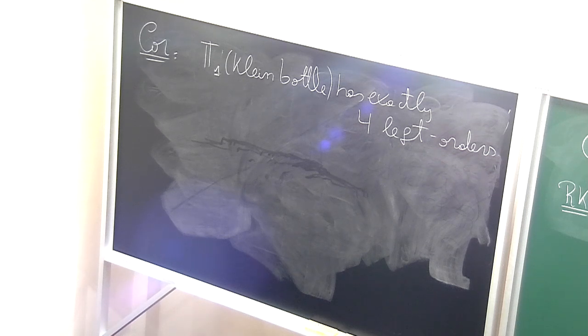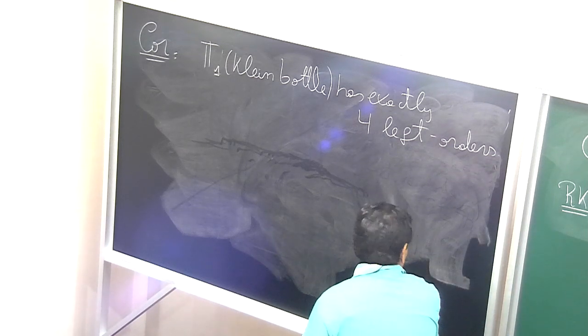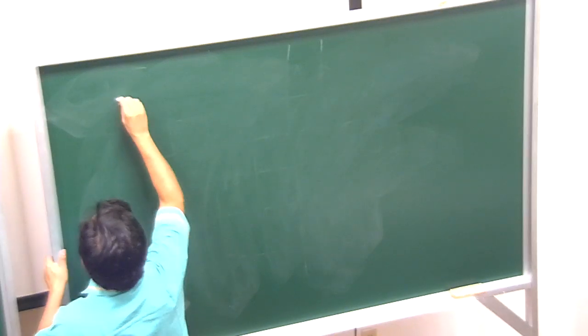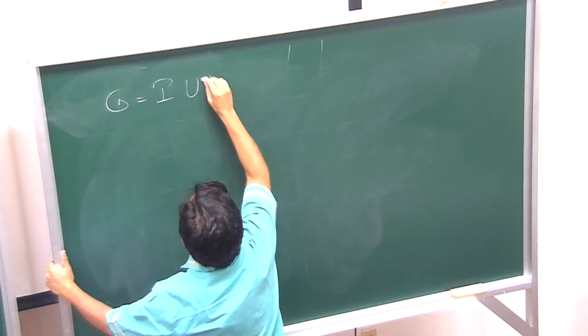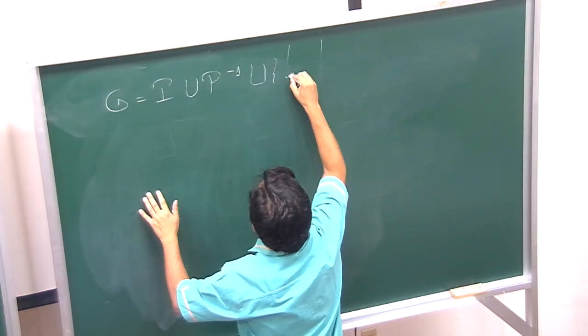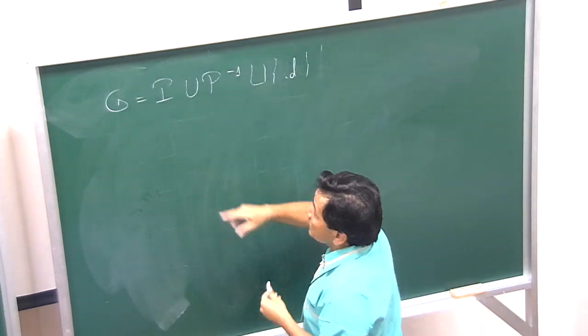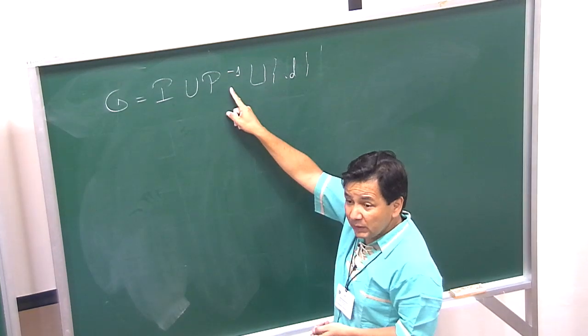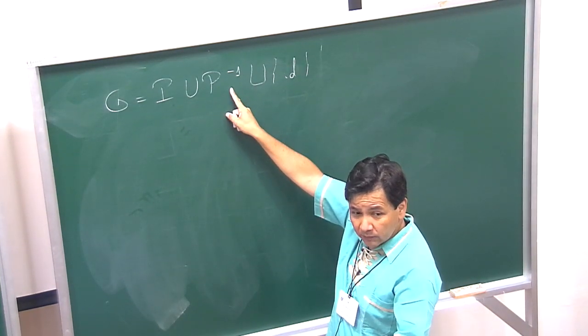So this is actually important. This is a remark that I forgot to mention at the very beginning. When I have my decomposition G equals P union P inverse union the identity, you can choose P as being the set of positive elements for an order, but you can also choose P inverse as being the set of positive elements for an order.